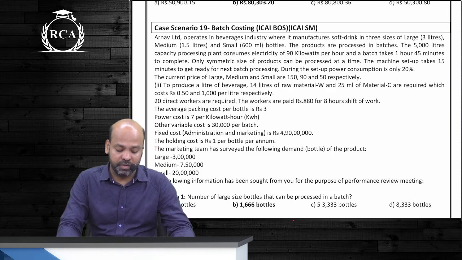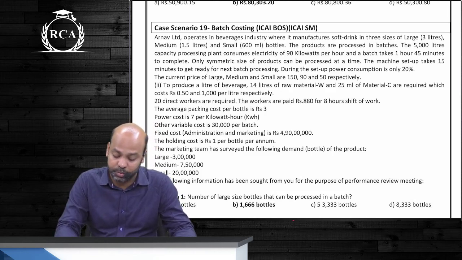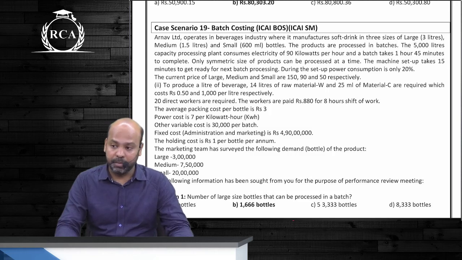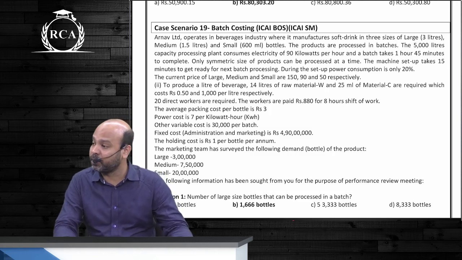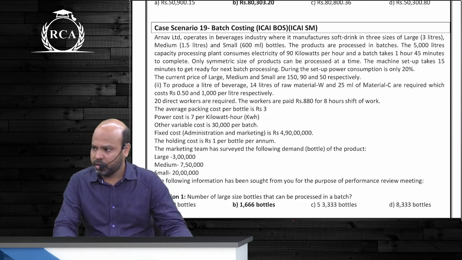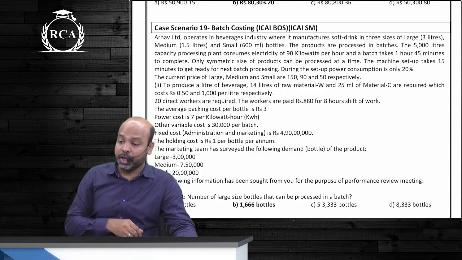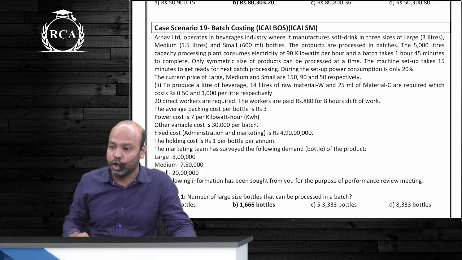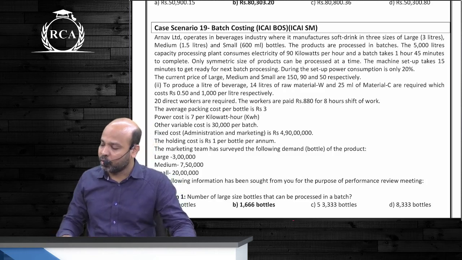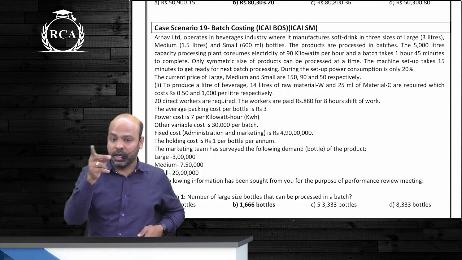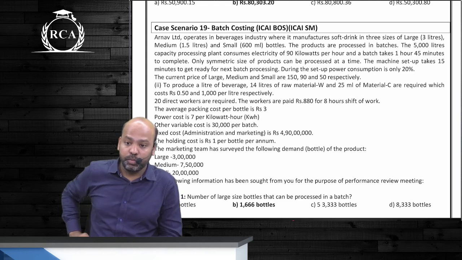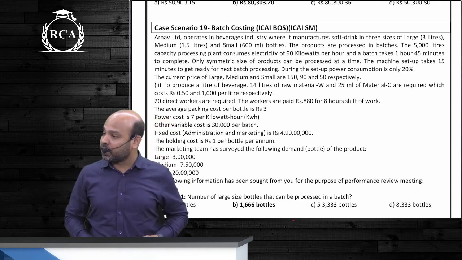Machine setup time takes 15 minutes to get ready for the next batch processing. During setup, power consumption is only 20%. 90 kilowatt hours is what you normally consume, but during setup it will be 18 kilowatts per hour. Sir, how 18? Only 20% electricity is consumed. That is why it is only 18 kilowatt hours.